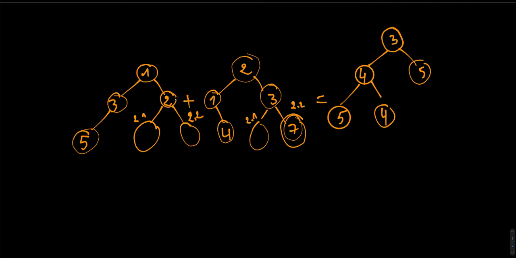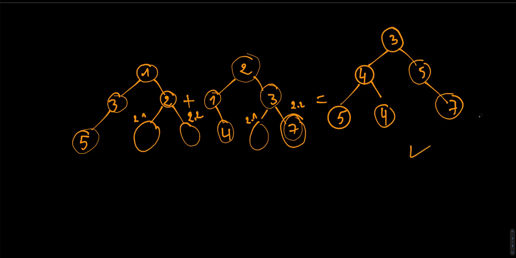And for 2.2 with 2.2, one of the roots is null, so that means that we should return the other one. Okay, so let us check again. 1 plus 2 is 3, 3 plus 1 is 4, 2 plus 3 is 5. We have 5 here and 4 here and 7, so that's correct.